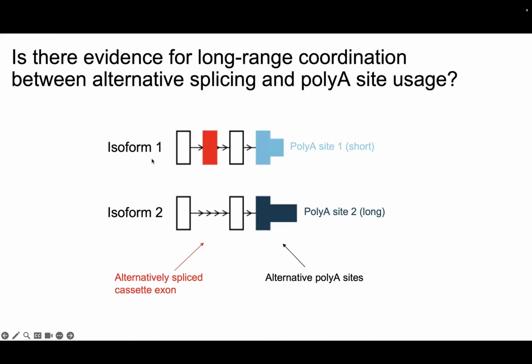And in my example, isoform 1 contains this red exon here, which is an alternatively spliced cassette exon, whereas isoform 2 does not have this alternatively spliced cassette exon. And so we wanted to use our data to see if we could find examples of potential long range coordination between a polyA site and an alternatively spliced event anywhere else in the isoform transcript.